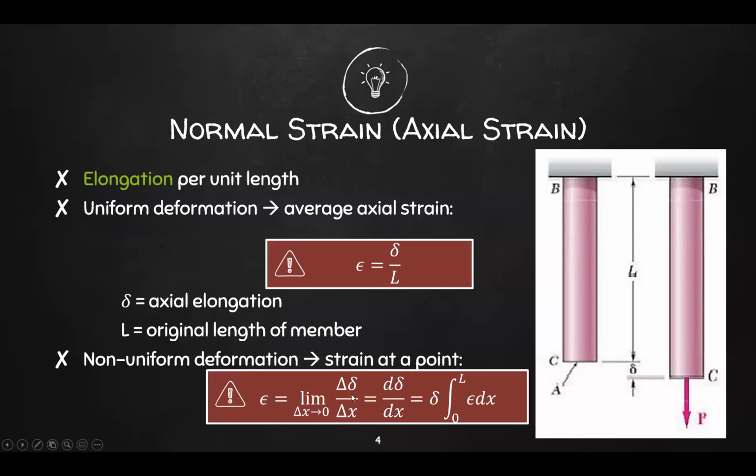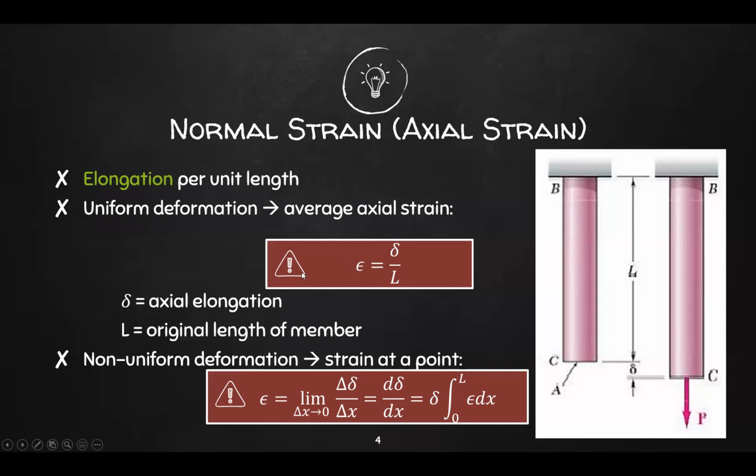And we can rewrite that if we're talking about differential lengths as your differential elongation or differential deformation over differential length x. Okay, and then integrating this equation from 0 to total length L, we have deformation equals the integral of strain times differential length x from 0 to total length L. Now for our class, we'll be focusing more on uniform deformation.